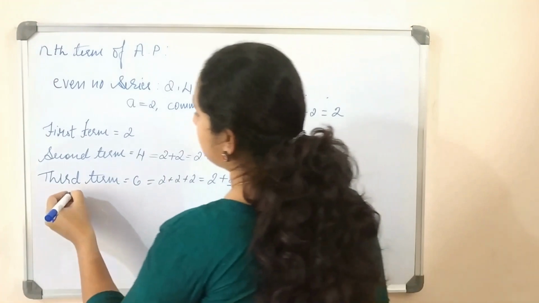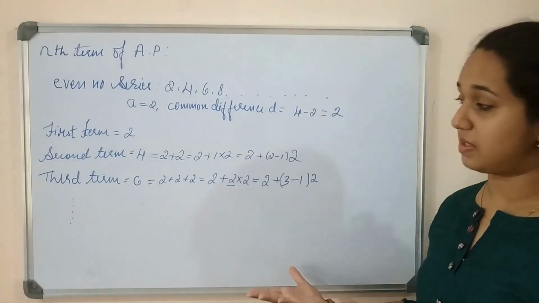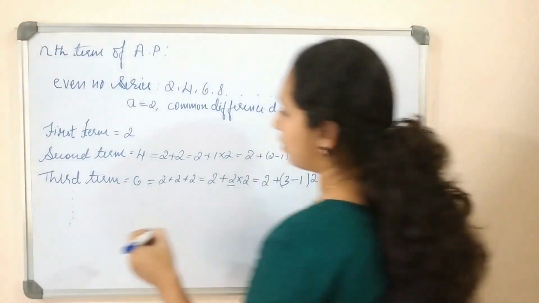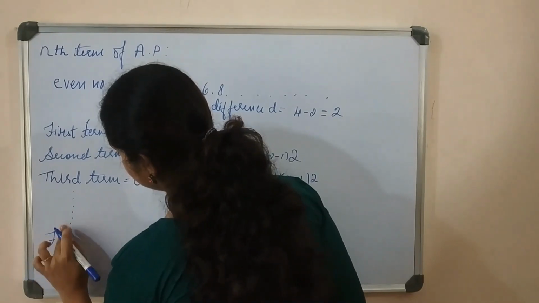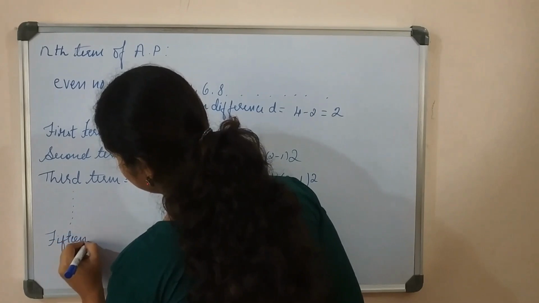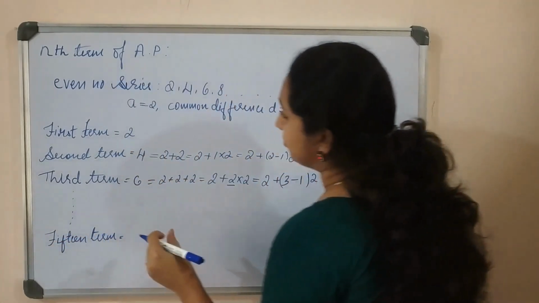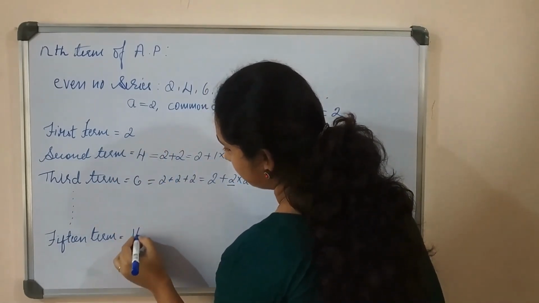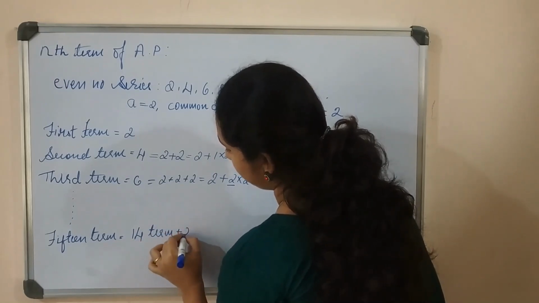Similarly, I can keep on writing this as many times as possible. Let's see what I'll get at the 15th term. The 15th term is nothing but the 14th term plus 2.